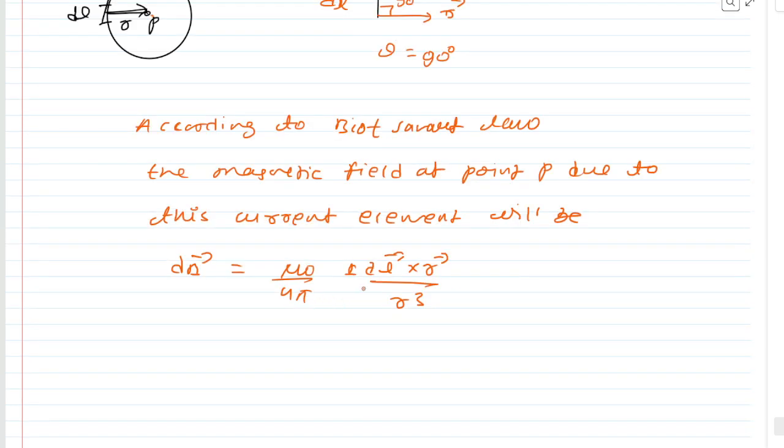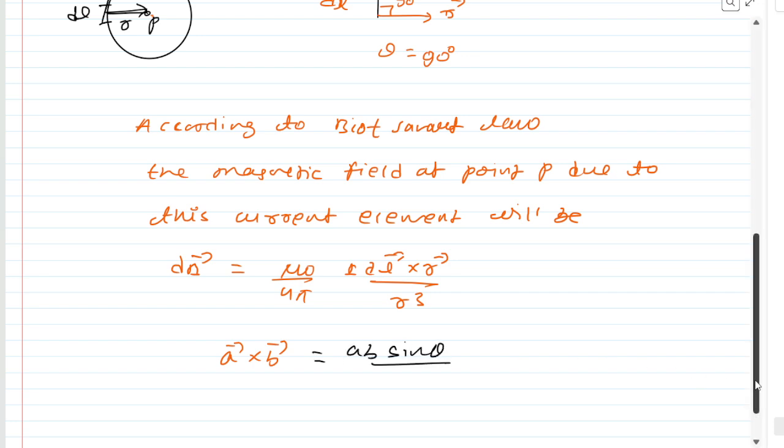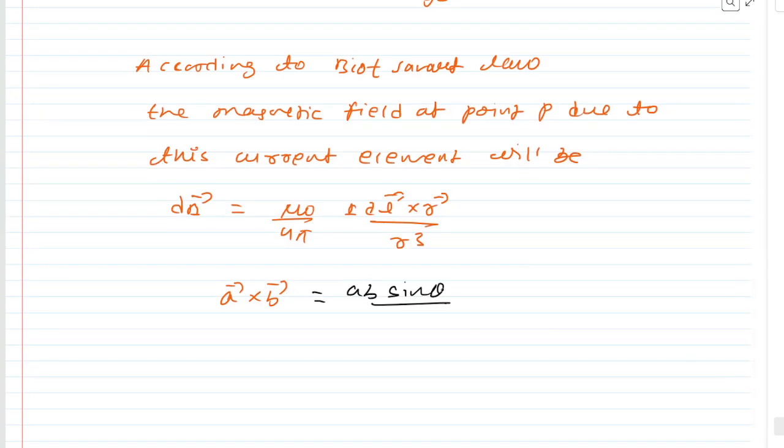Now you know the cross product of two vectors. If we have two vectors a and b, and we take the cross product of them, then we write the magnitude of the first vector, the magnitude of the second vector, into sine theta, where theta is the angle between these two vectors. In this case, theta is 90 degrees.